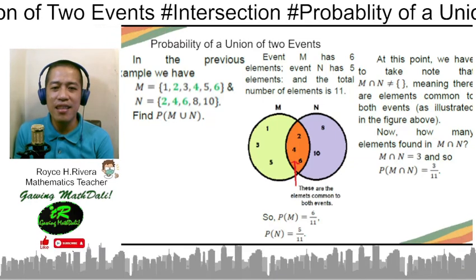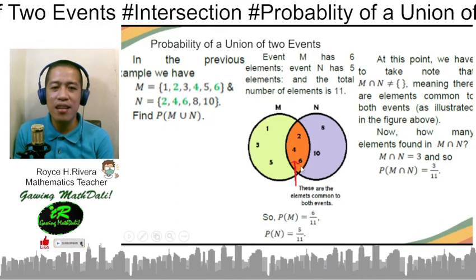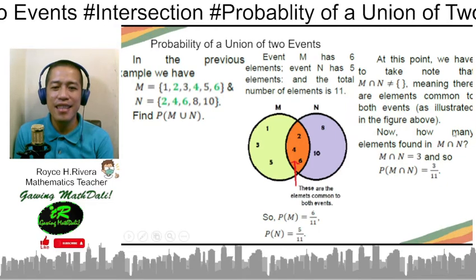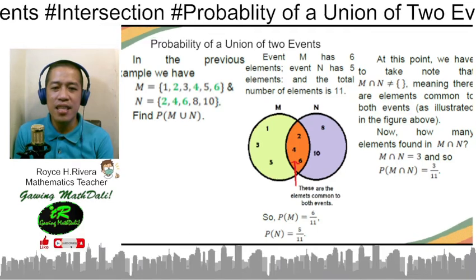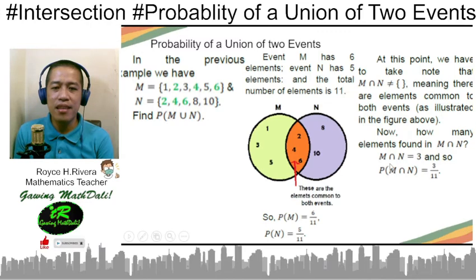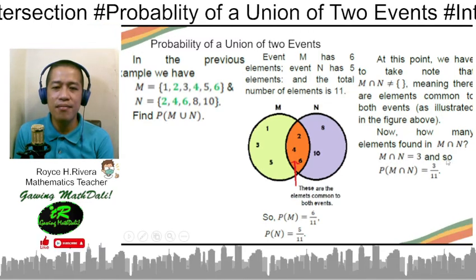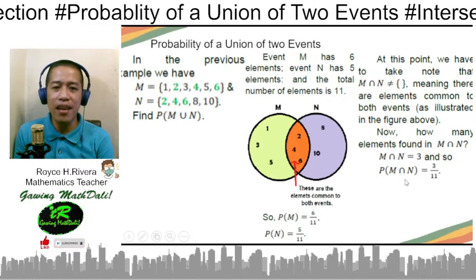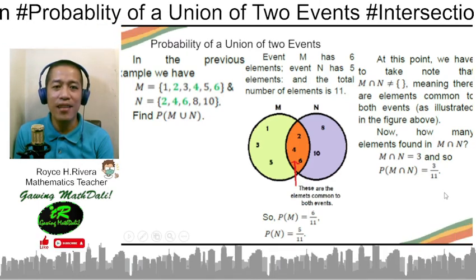As illustrated, 2, 4, 6 are common to both events M and N. Now, since M intersection N has 3 elements, so the probability of M intersection N is equal to 3 over 11.